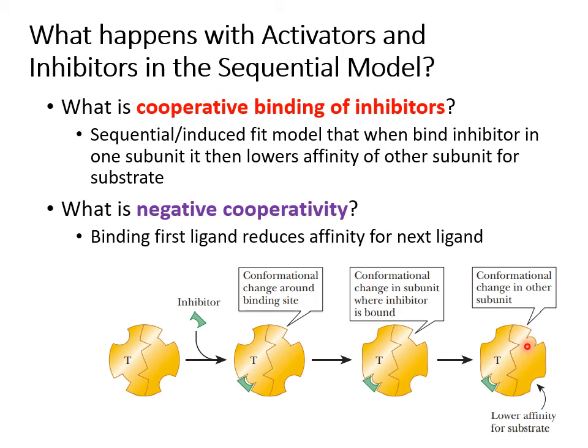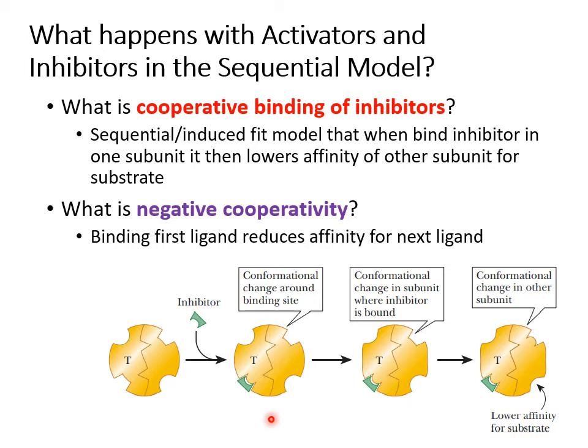And you'll notice in this model, when an inhibitor binds to the enzyme, because it's an inhibitor, it promotes the T state, because we said T state is the inactive form, okay? And it basically ensures that the other side will also stay as the T state, as opposed to if this picture was of an activator, you would see the R state promoted. Okay, so again, make sure you're comfortable with that terminology.